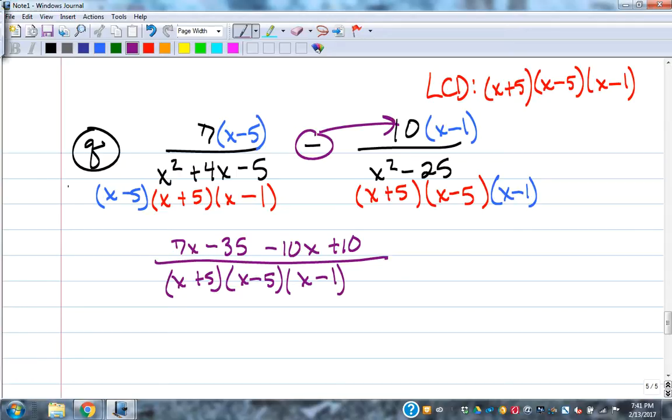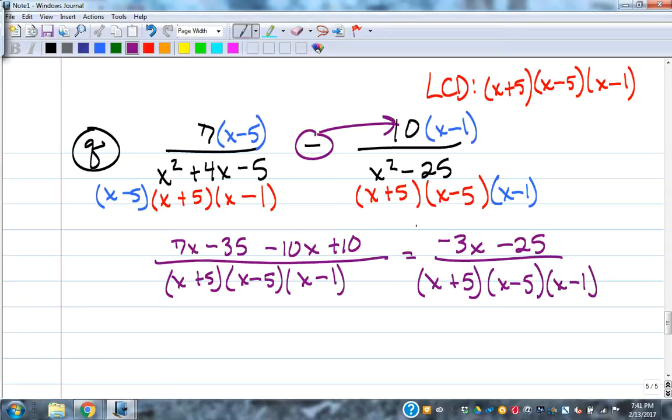And then simplify the numerator. So that'd be negative 3x minus 25. There's no way that factors at all.